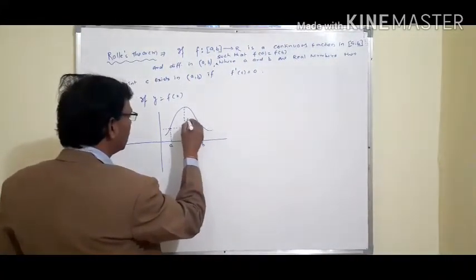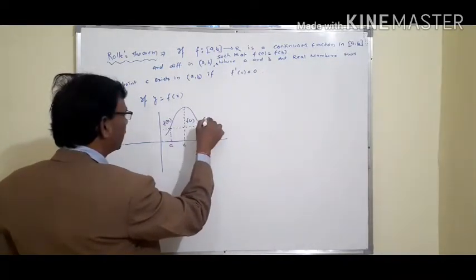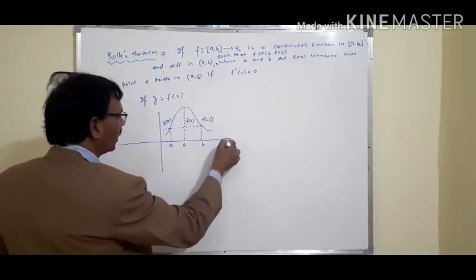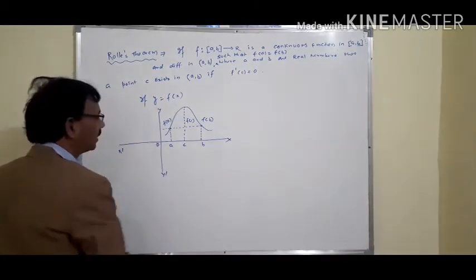This is known as f of C, this is f of a and this is f of b, x dash, y dash, and this is the origin.